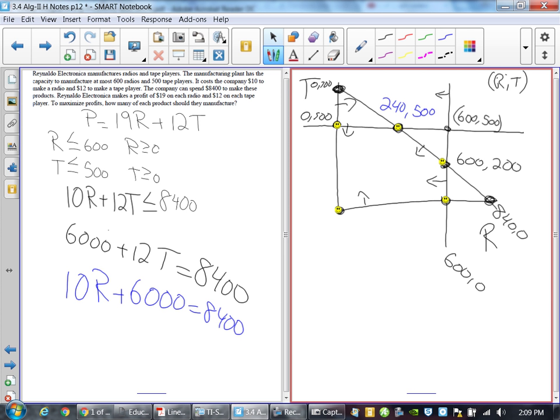All we have to do is test those 5 points with our objective function, which is a profit, which was 19r plus 12t. So I tested at 0, 0, 600, 0, 600, 200, 240, 500, and then 0, 500.